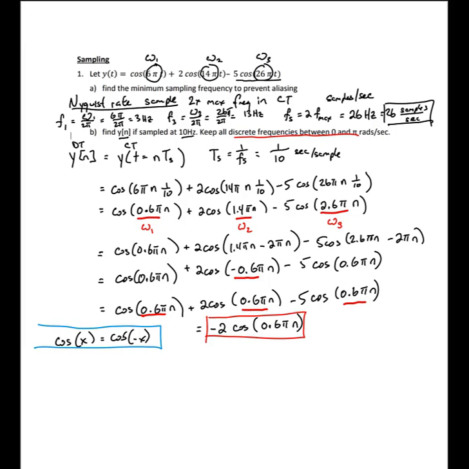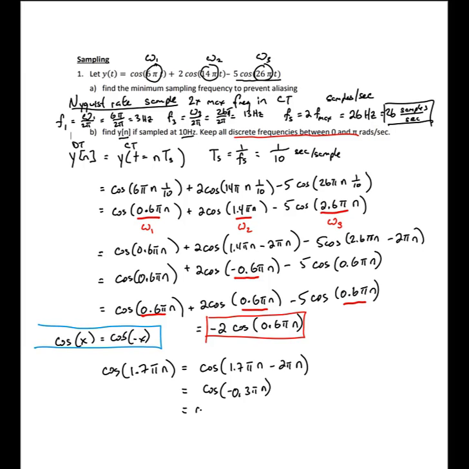But if you had something that looked like a cosine of 1.7 pi n, I would still have to subtract 2 pi n. That would give me a cosine of minus 0.3 pi n.